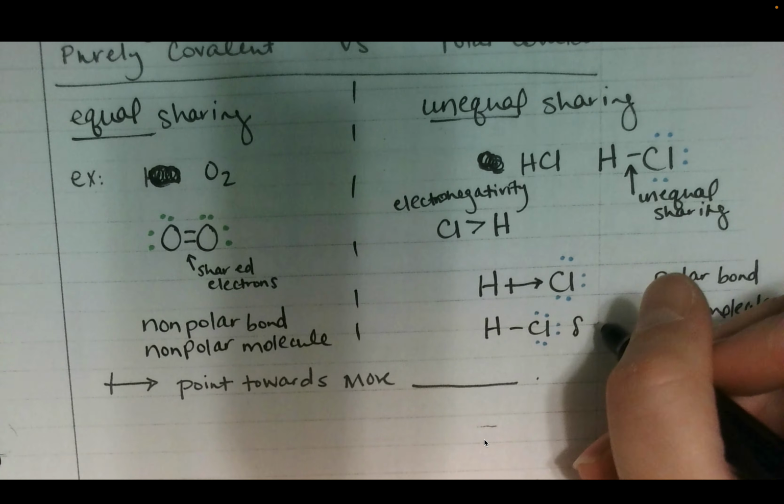So that's a delta, lowercase delta. Delta negative on your more electronegative side, delta positive on your less electronegative side. And that arrow points towards your more electronegative atom. Pretty straightforward.